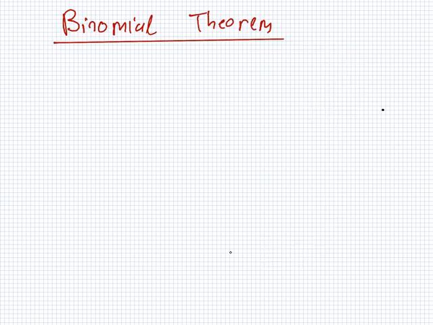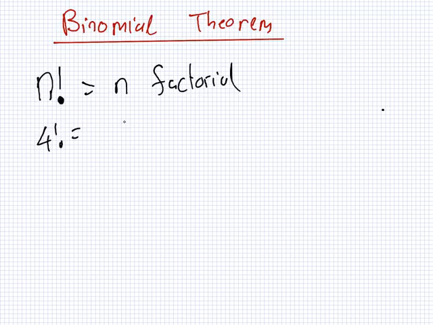Right, before we go to that, just some definitions. Does anybody know what this is called? Yeah, it's called n factorial, and this is how it works. For example, 4 factorial is 4 times 3 times 2 times 1, which is 24.